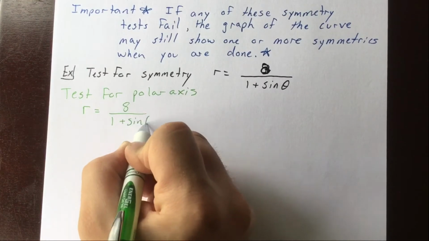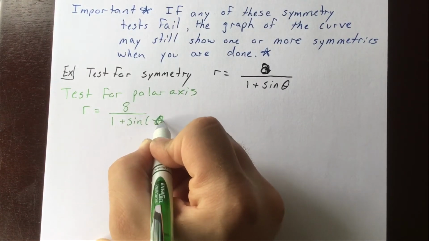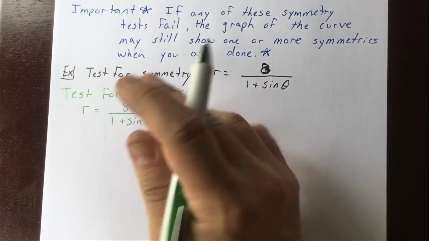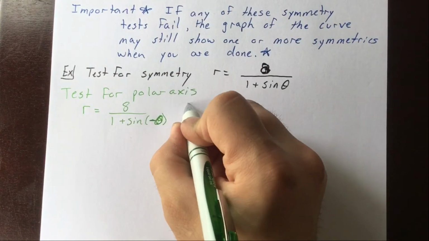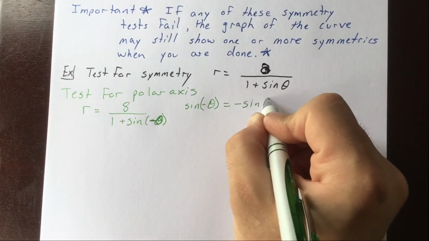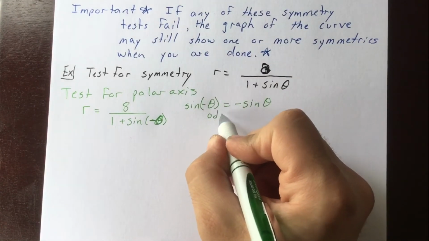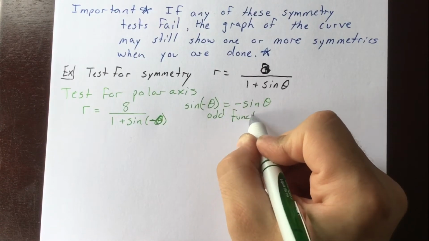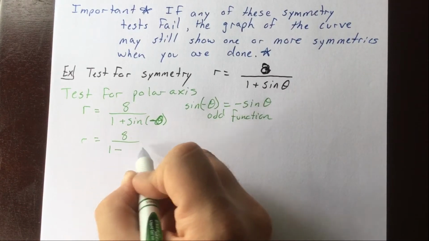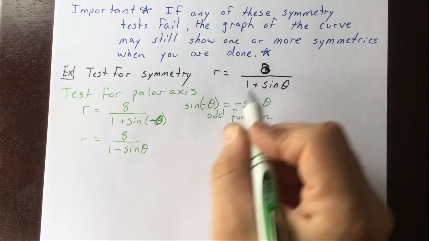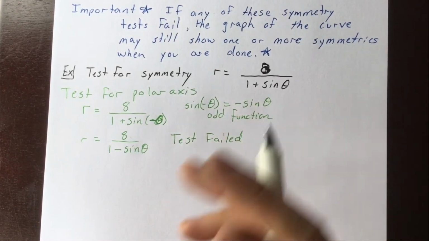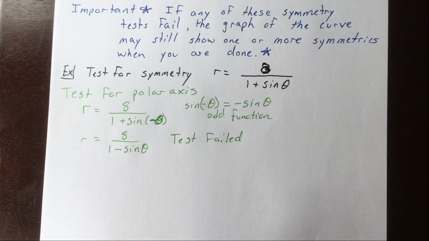Using our understanding of sine and cosine, where cosine's even, sine is odd, sine of negative theta equals negative sine theta, because it's an odd function. So that would say r equals 8 over 1 minus sine theta. And that is not equivalent to what we had. So the test failed.